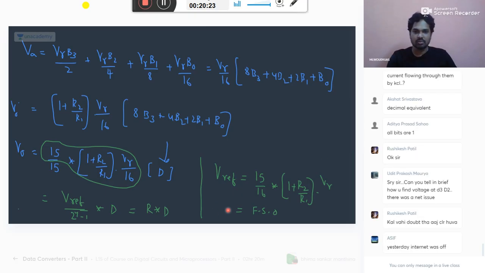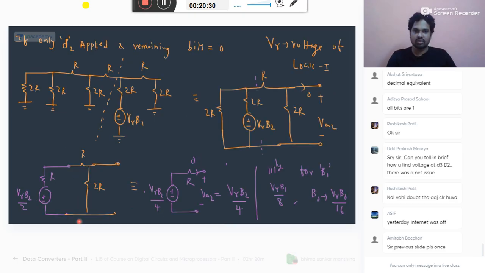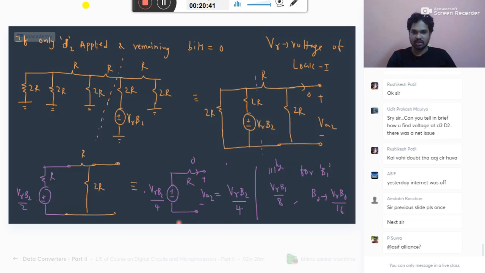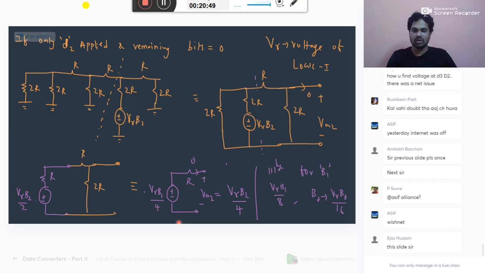Hussein, previous slide. You are asking this slide or this slide? Please tell me if you are there. One minute. Let me clear that, then we can see the remaining people's doubt. In this, you have doubt. Please don't comment other things. What is your doubt, Hussein?